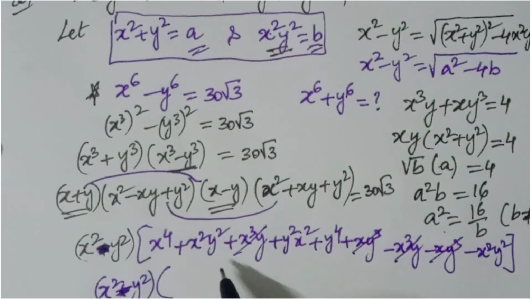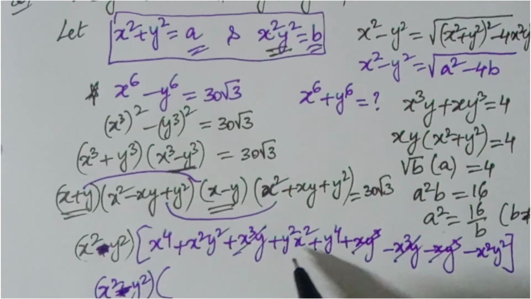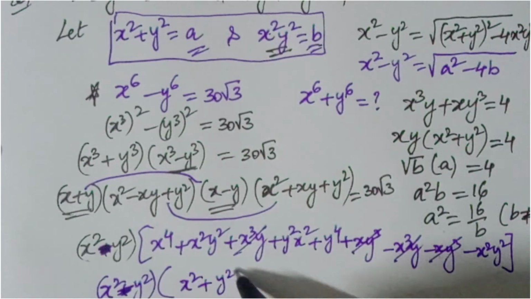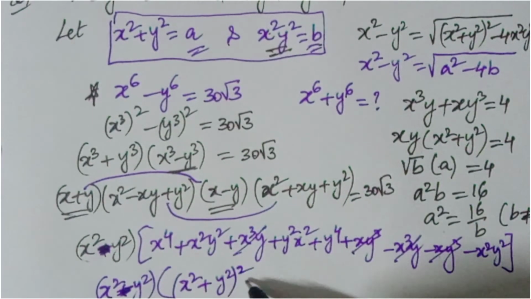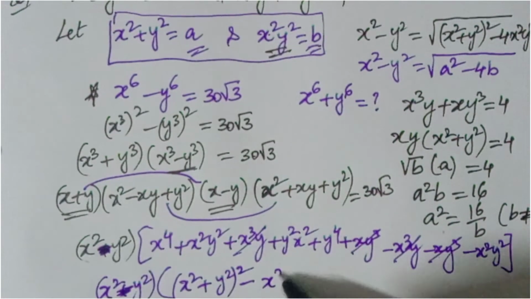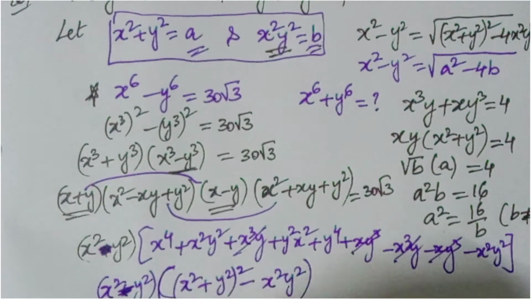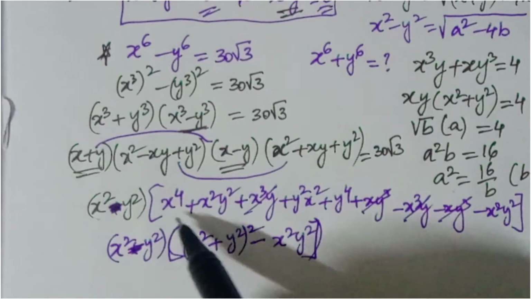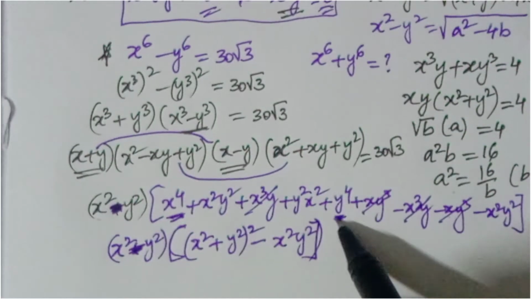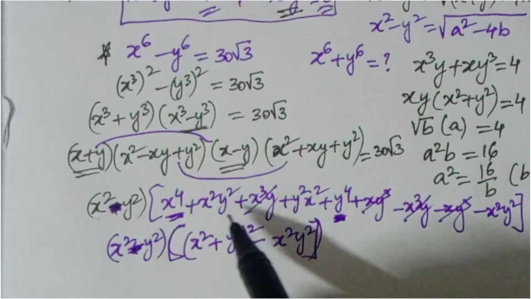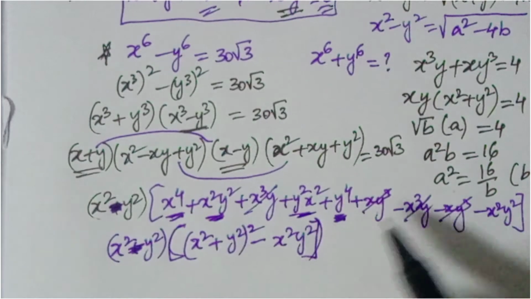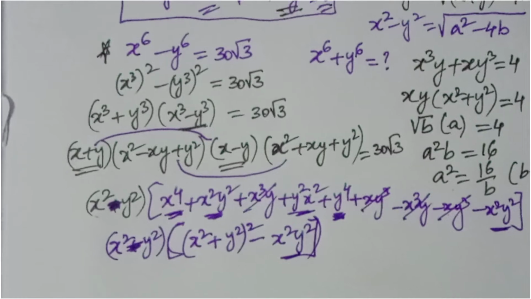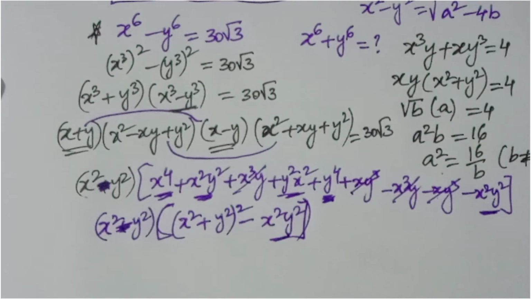So this can be written as (x square plus y square) whole square minus x square y square. This is the main step in this problem. So x power 4, y power 4, 2x square y square, and the last term that was missing we wrote here.